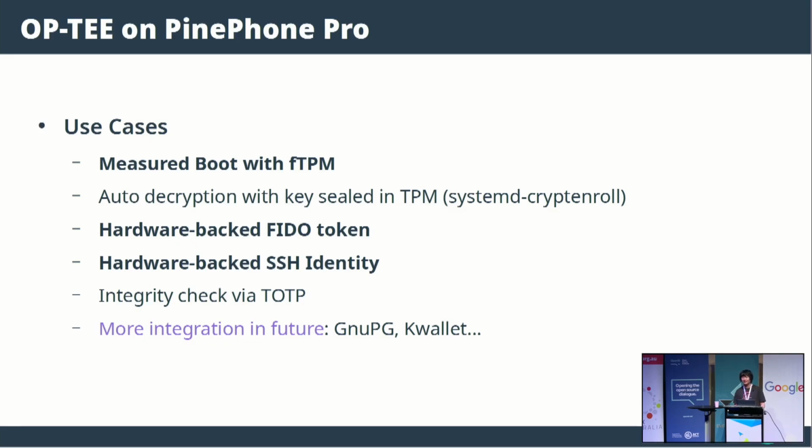You can check that against a known good system. And if that password matches, you know that your OP-TEE is working properly, and your system has a level of assurance that you're comfortable with. There are more integrations we can do in future, things like GnuPG or KWallet, to make those things non-exportable.